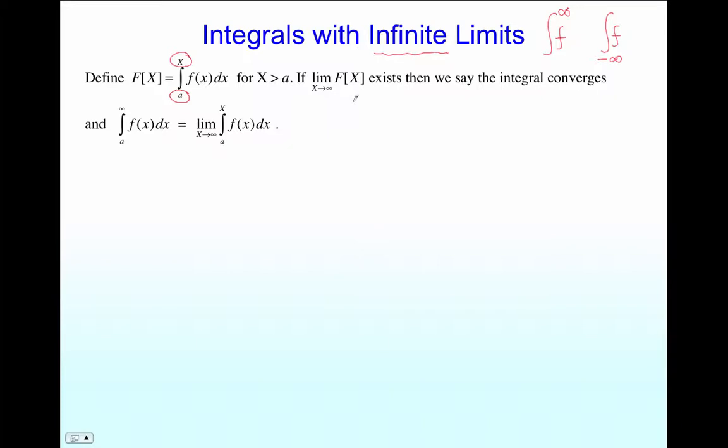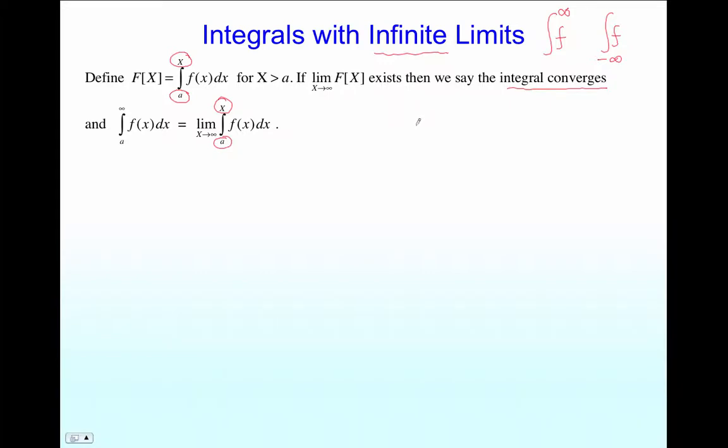Now, if we make capital X larger and larger, and if that limit exists, then we say the integral converges, and that the value of the integral a to infinity is the limit as x tends to infinity of this integral from here to x.